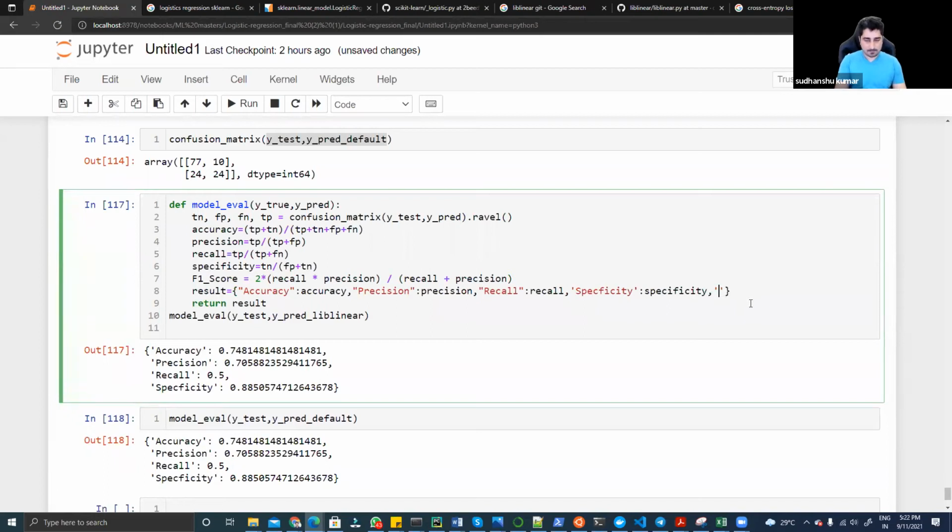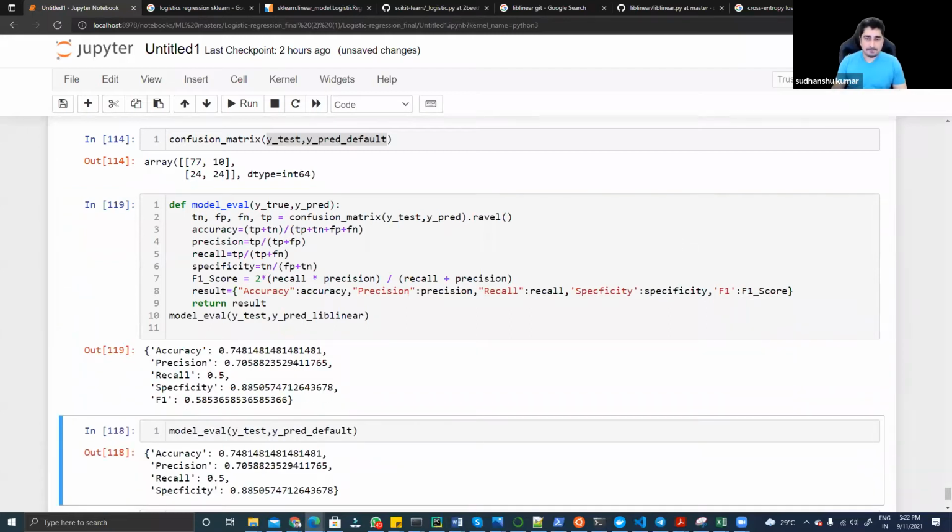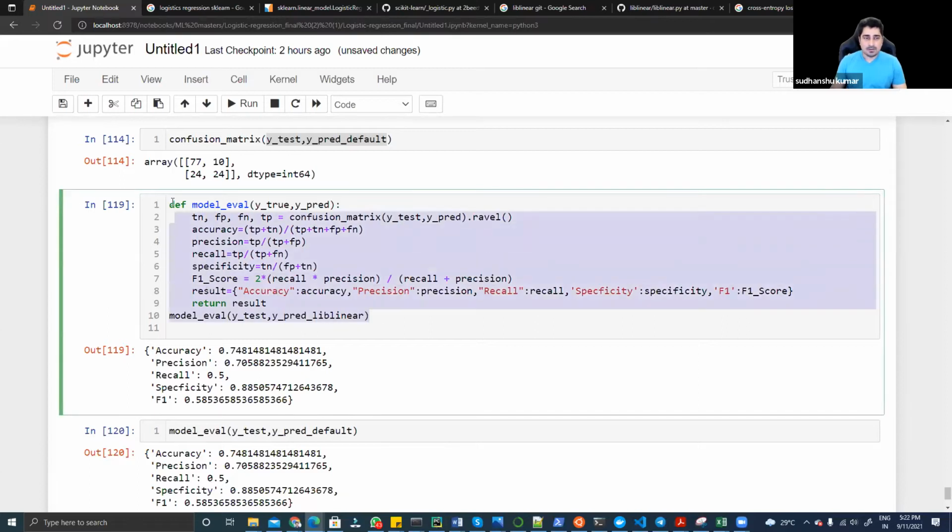Here, F1 is equal to F1 score. Yes, so I'm able to get an F1 score as well. So all the metrics, accuracy, precision, recall, specificity, F1 score, everything we are able to find out in this particular place.